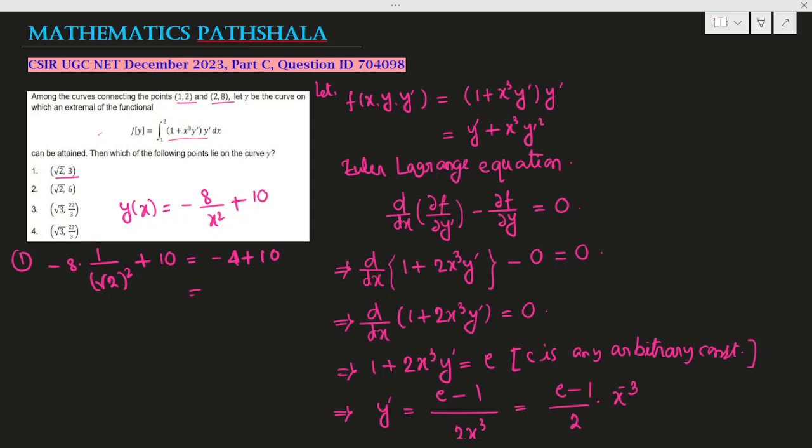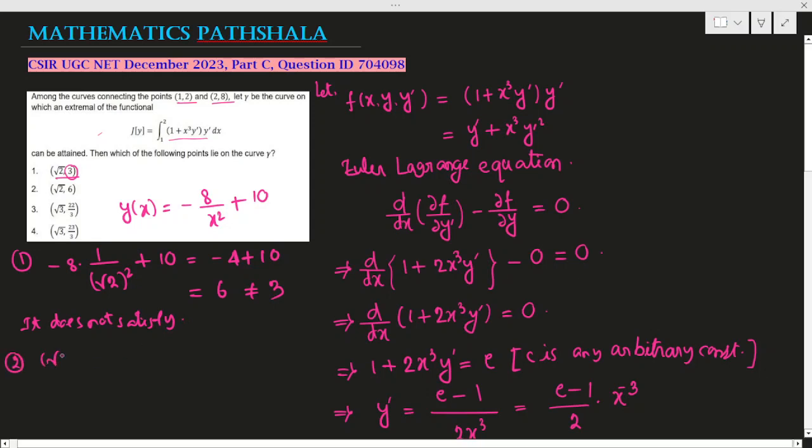It will be 6. But here y is given as 3. So 6 is not equal to 3, and so it does not satisfy. This point does not satisfy the curve.